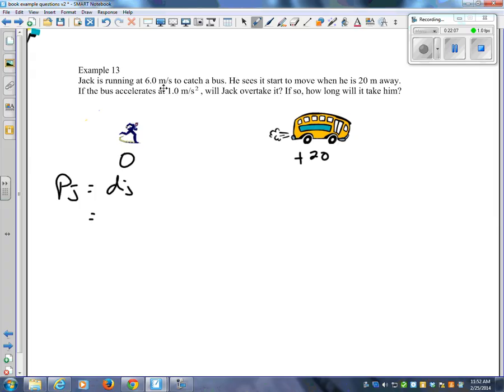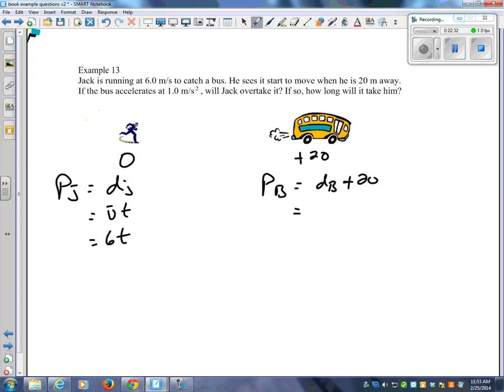So that's going to be vt. His position is 6 times t. The bus's position is going to be its displacement plus 20, because he's got a 20 meter head start.